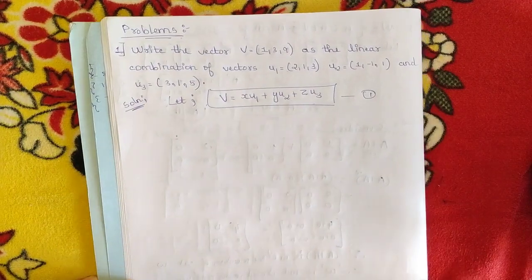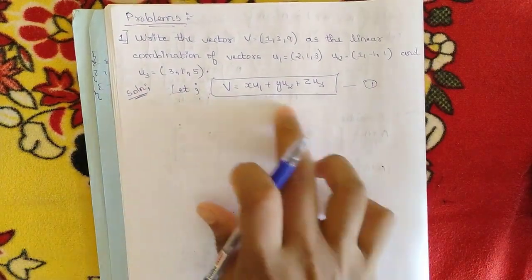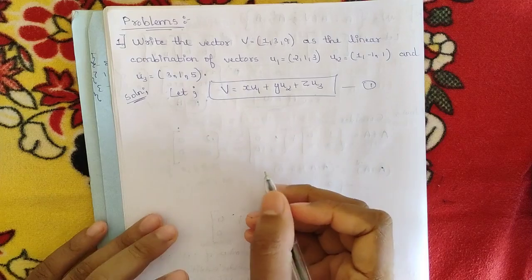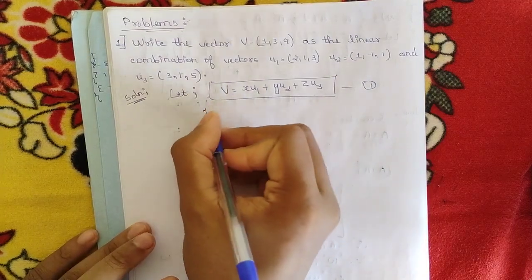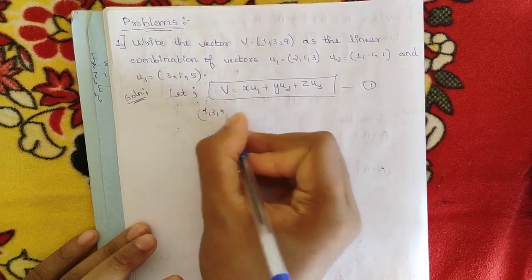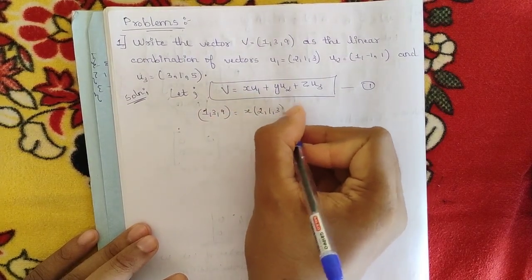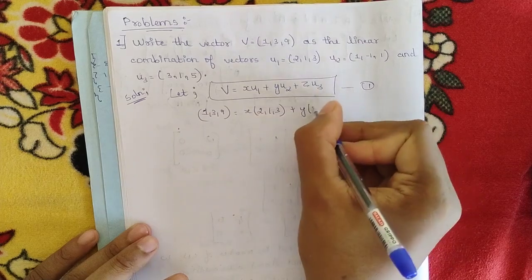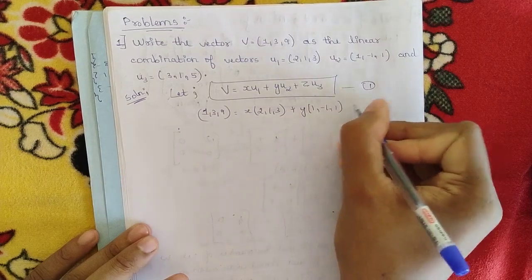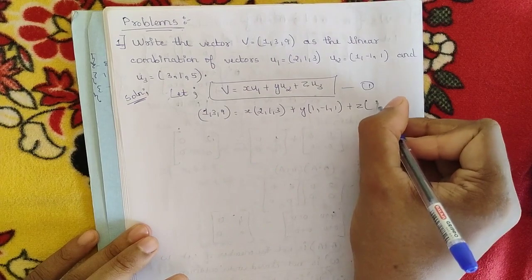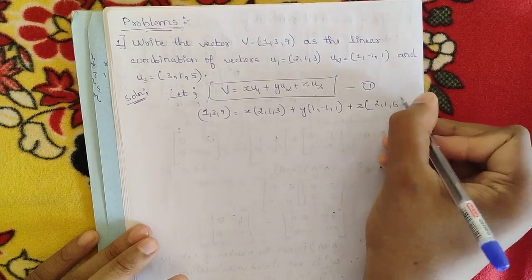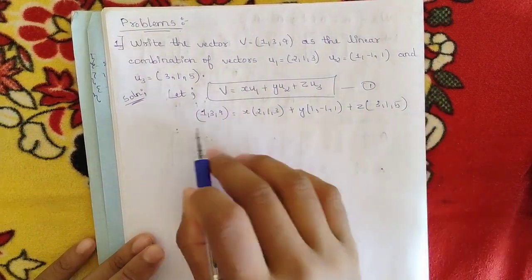Take it as equation 1. So v is (1, 3, 9) equals x into (2, 1, 3) plus y into (1, -1, 1) plus z into (3, 1, 5). Okay, in this way we are representing it as a linear combination.